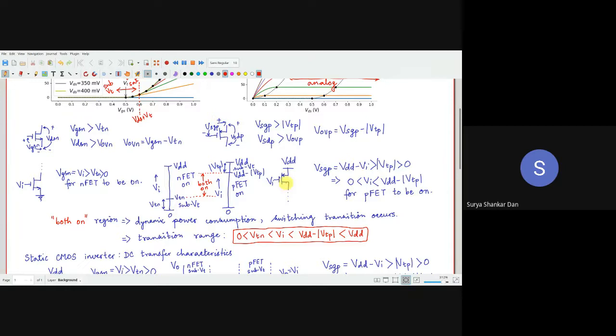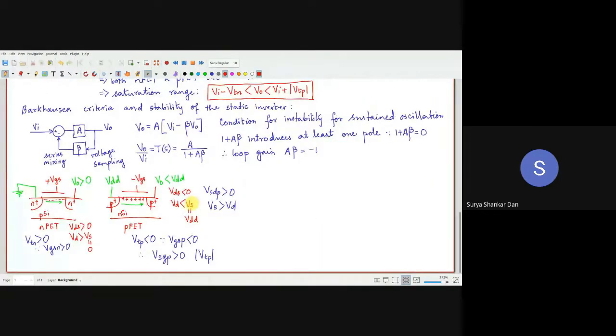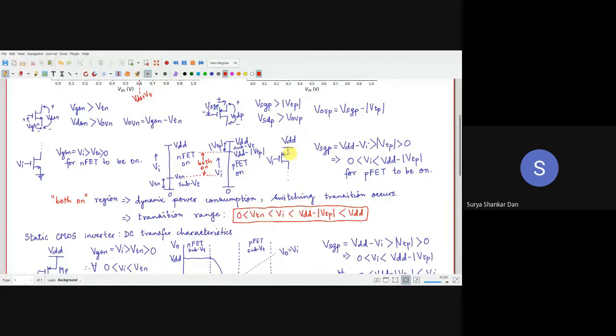ठीक है, पीफेट के लिए हमने क्या देखा? Usually we will put the source terminal directly to the highest possible voltage available in the circuit, that is VDD. Very nice. अगर हमने यहाँ पर VDD डाल दिया, what is the situation here? Source को मैंने VDD में डाला है.